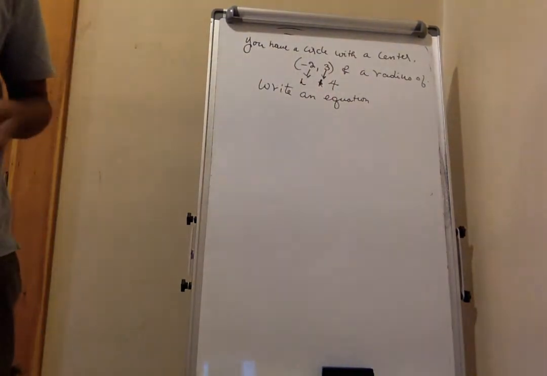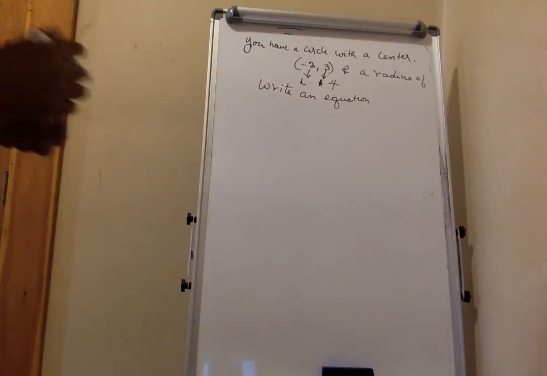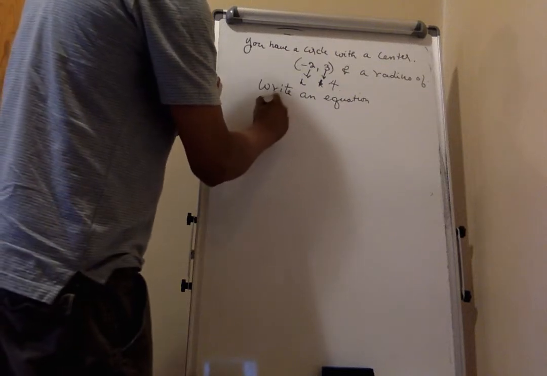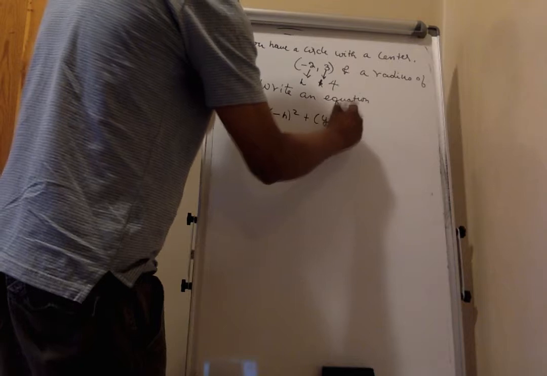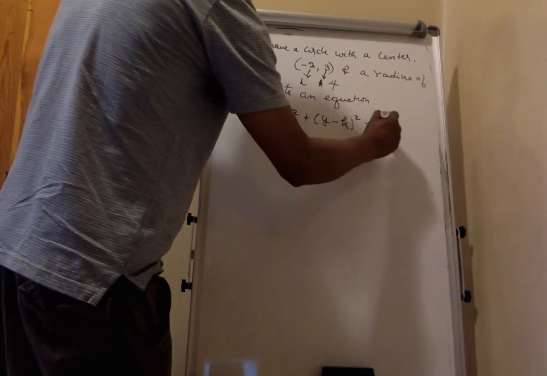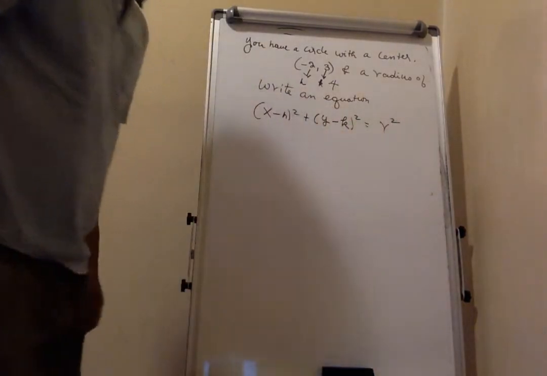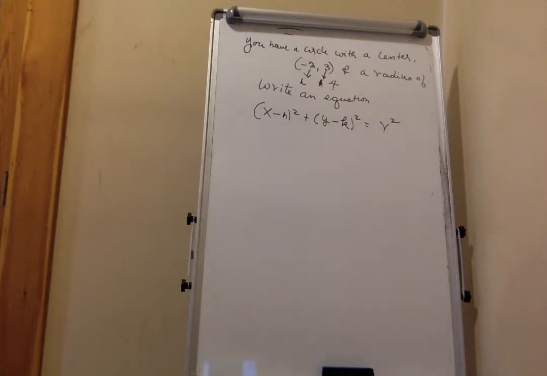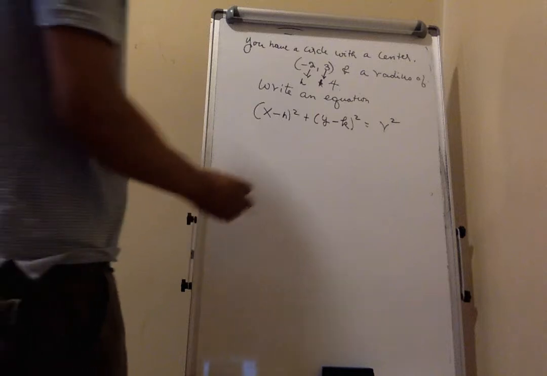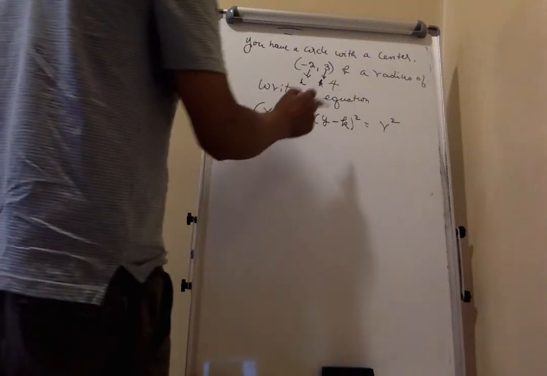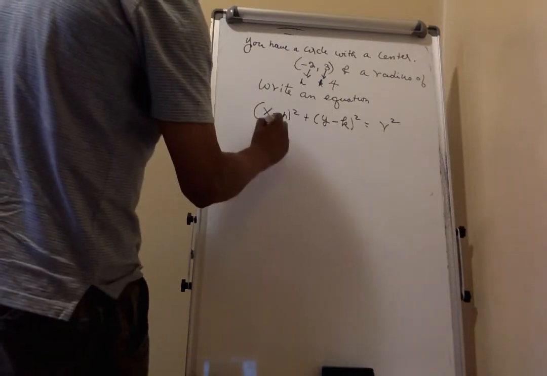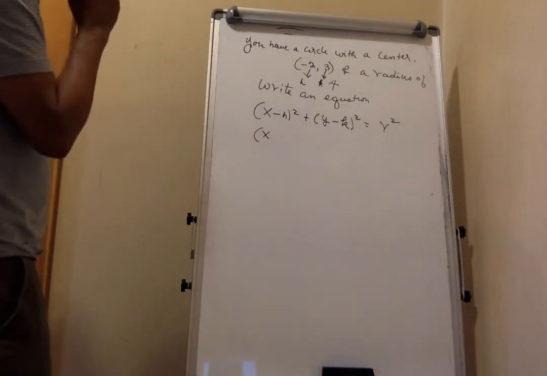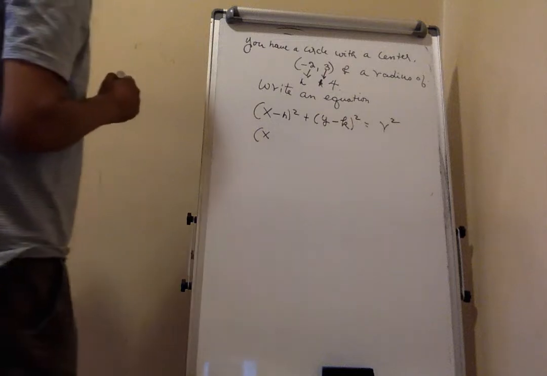It's just standard. So I'm going to write the formula of the circle, x minus h squared plus y minus k squared is equal to r squared. And we are asked to write an equation. All I need to do is just plug in. So your x component of the center is -2.